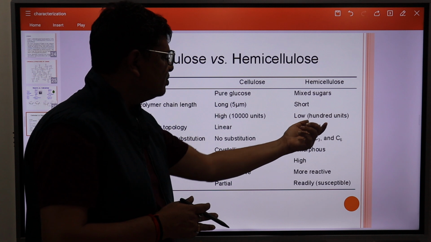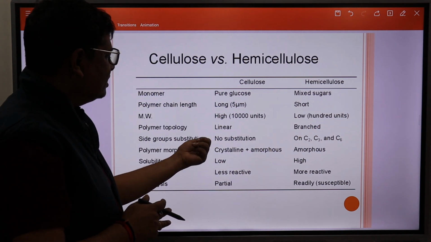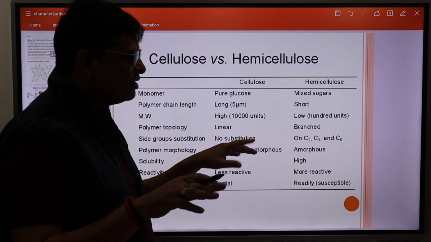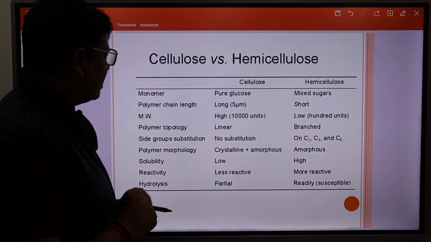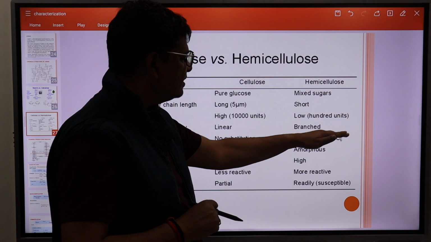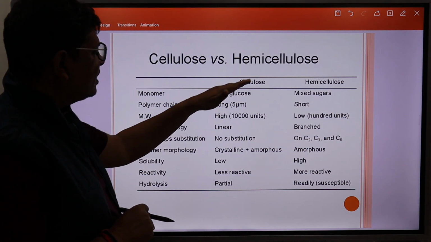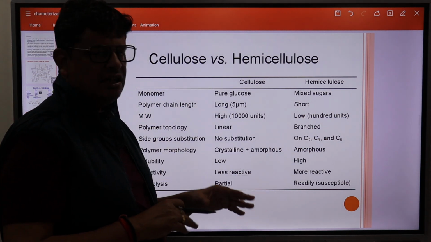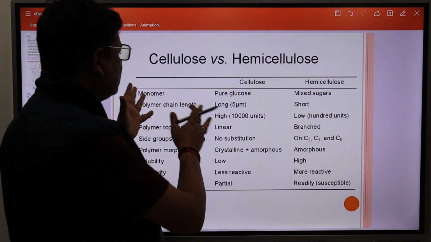Hemicellulose is very low, 100 units per coil. It is linear but branched, so you can prime it as and when you require. It has substitutions at C2, C3 and C6. That is why hemicellulose is considered a brilliant molecule compared to cellulose.